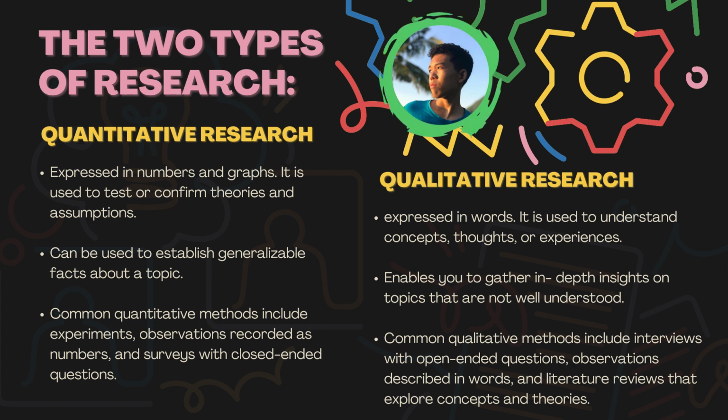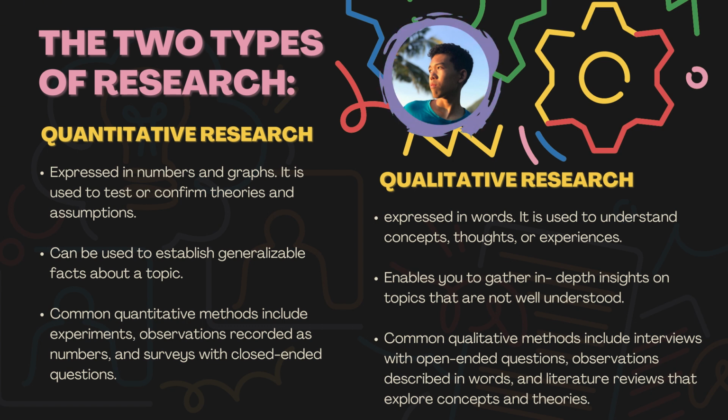So, qualitative research is expressed in words. It is used to understand concepts, thoughts, or experiences. It enables you to gather in-depth insights on topics that are not well understood. Common qualitative methods include interviews with open-ended questions, observations described in words, and literature reviews that explore concepts and theories.